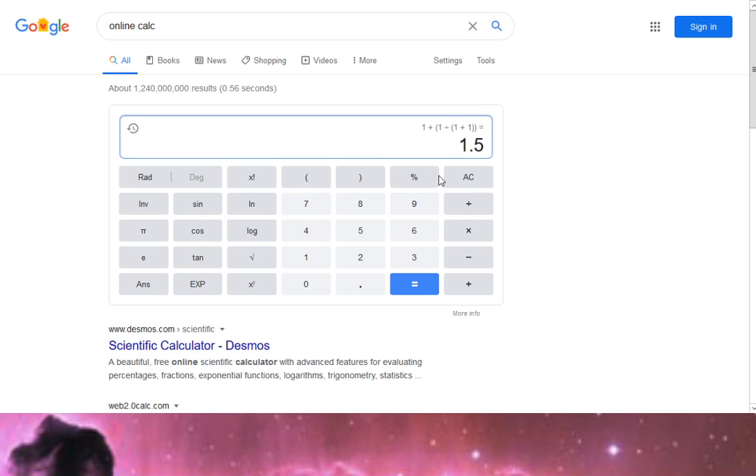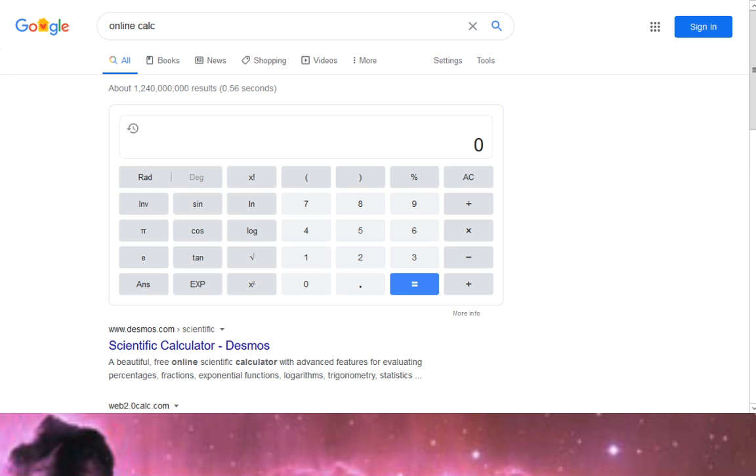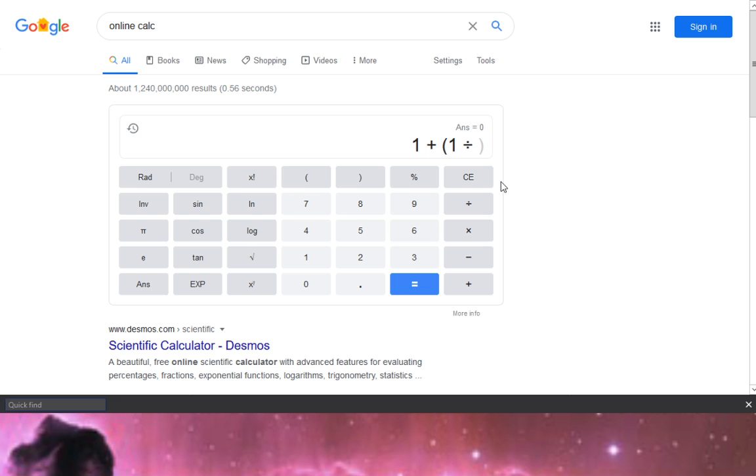Now if I do it again, 1 plus parentheses 1 divided by parentheses 1 plus parentheses 1 divided by parentheses 1 plus 1 parentheses.